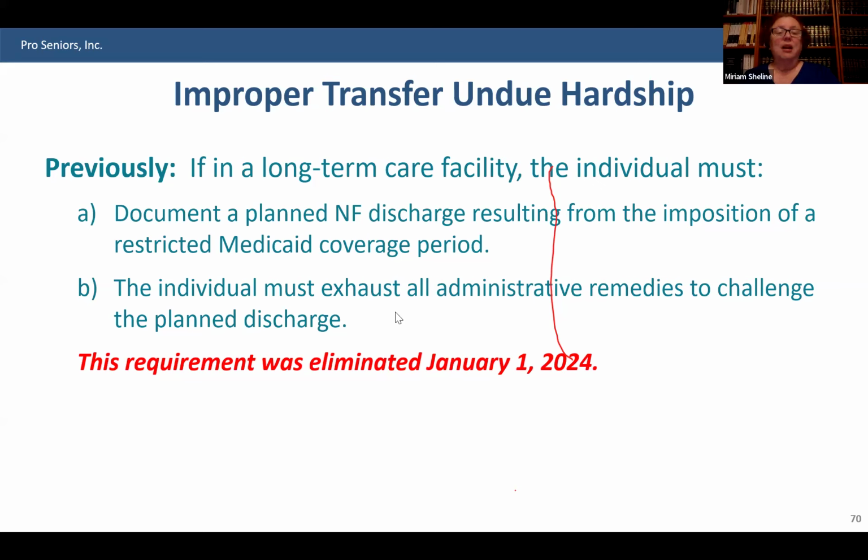The answer is no, and therefore will the resident be denied medical services or food, shelter, or clothing because of the improper transfer penalty? That is a question. It's probably going to depend on your county caseworkers.